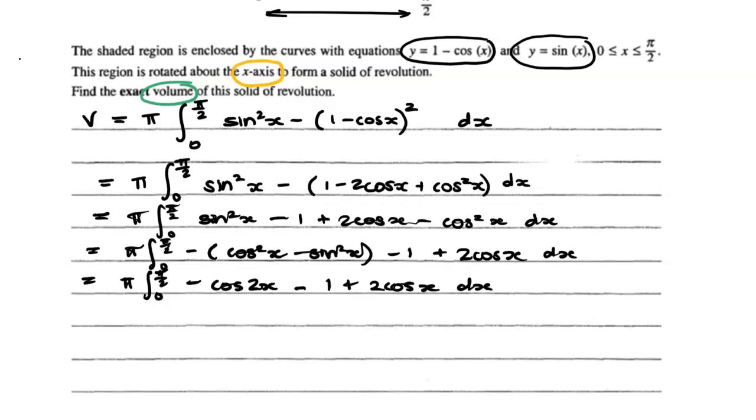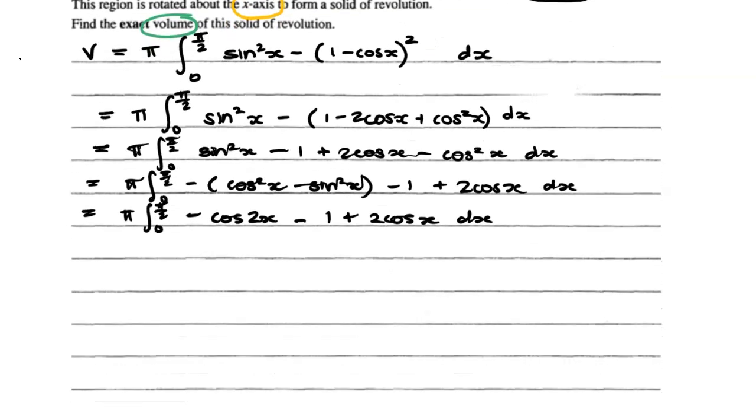I'm sorry it's doing that. Now, this is something that we can integrate perfectly fine. So cos 2x is going to be negative a half sine 2x. The 1 just becomes minus x. And that 2 cos x will just become 2 sine x upon integrating.